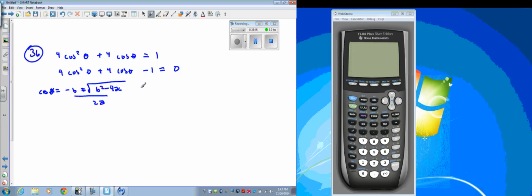And that's what they're suggesting in the book, where a is 4, b is 4, and c equals minus 1. Or else I'm going to do it a different way. I'm going to do completing the square. You can do it this way if you want.